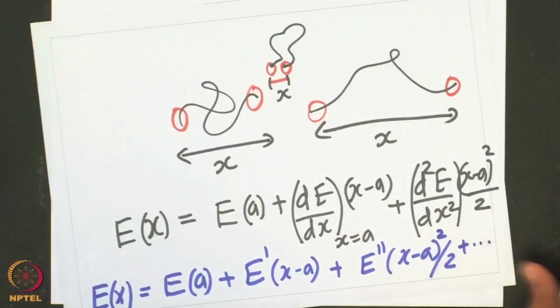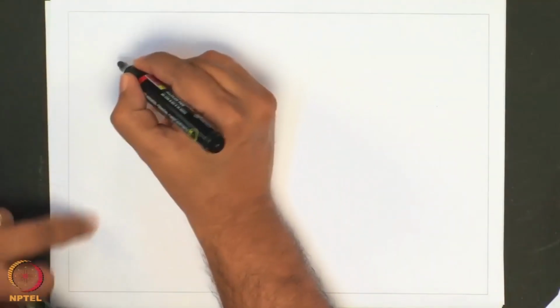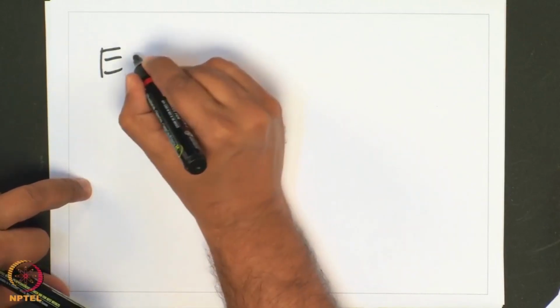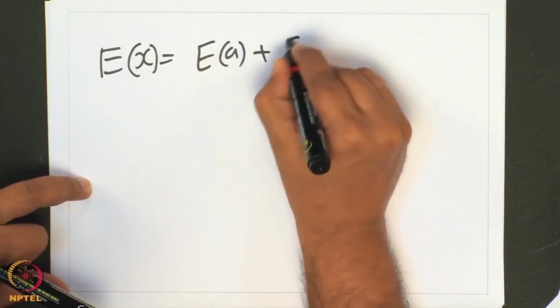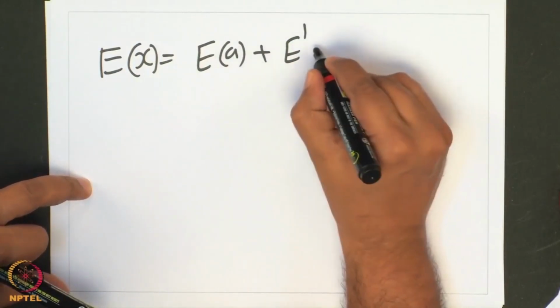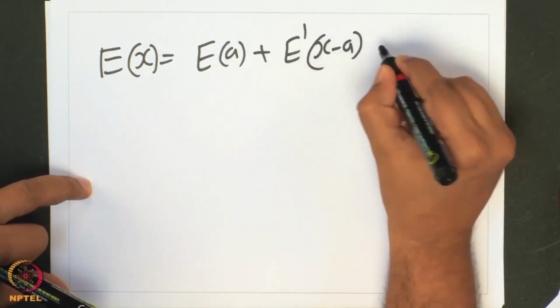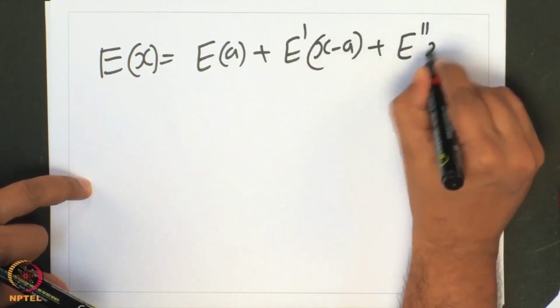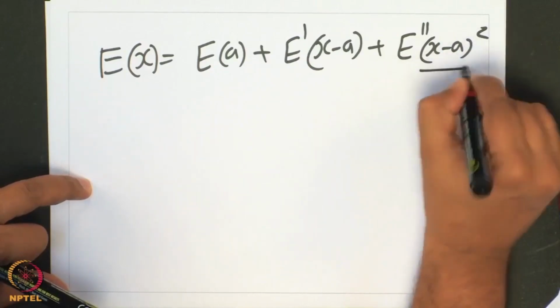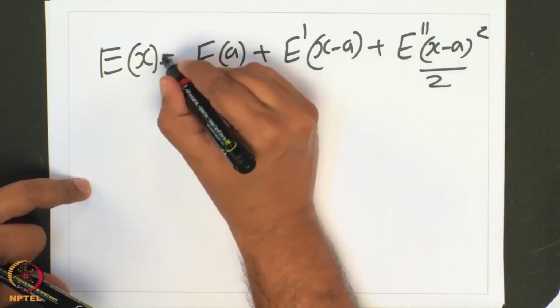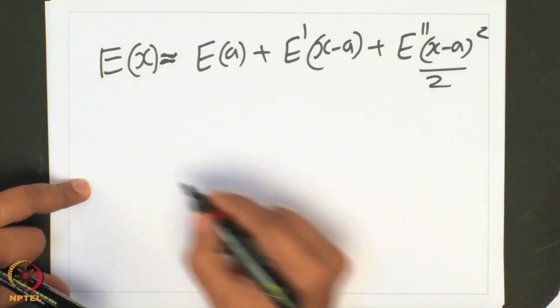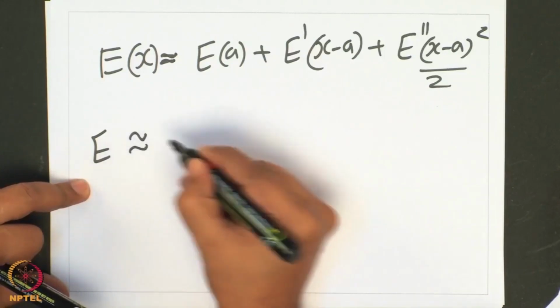So I can write approximately: E at x is E at a plus E prime times x minus a plus E double prime times x minus a whole square by 2. This is approximately equal because I neglected higher order terms.